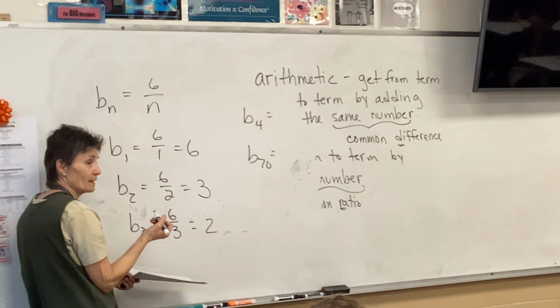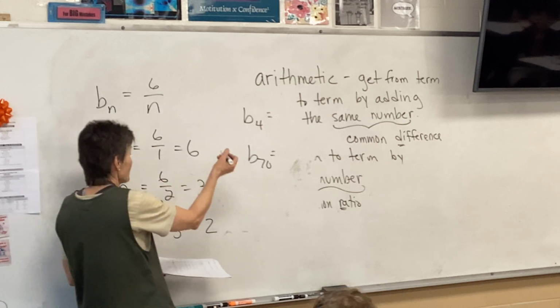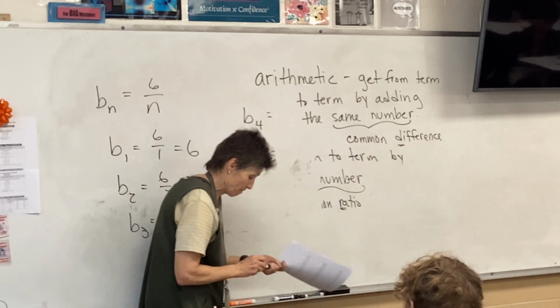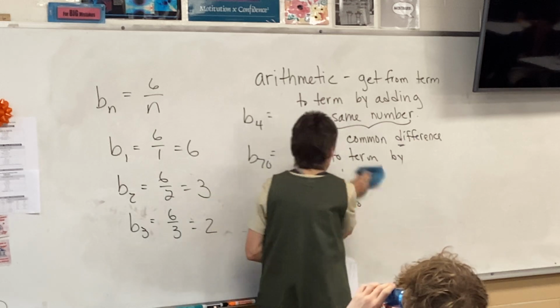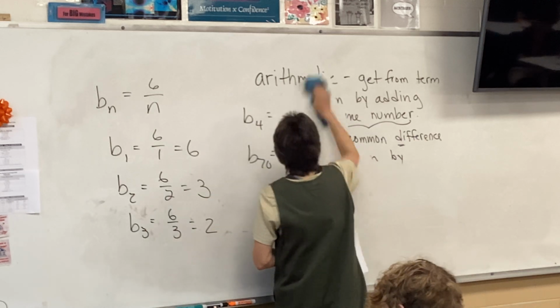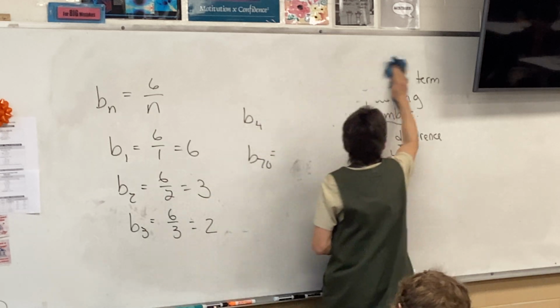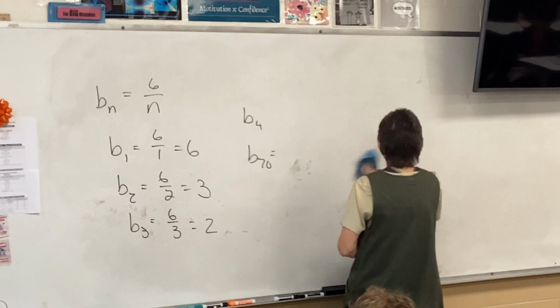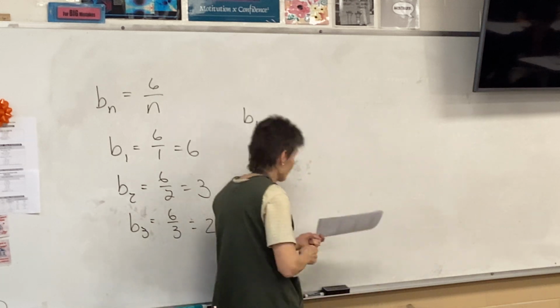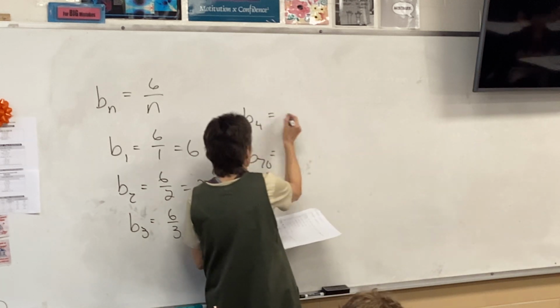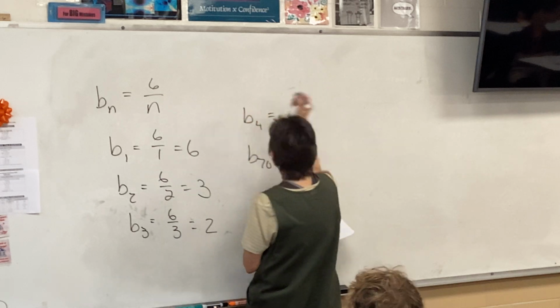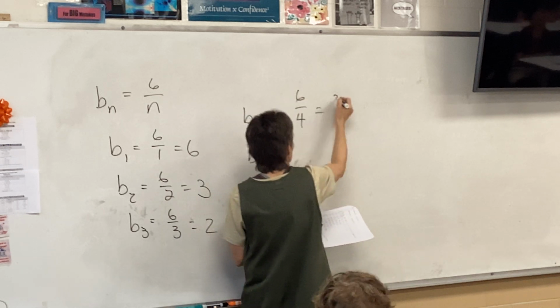A lot of you are kind of half asleep here. B sub 4 will be 6 over 4, 3 halves.